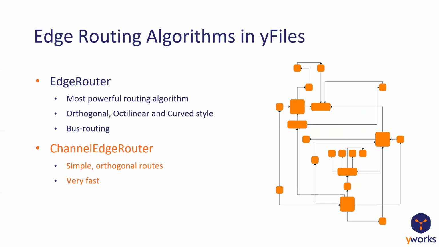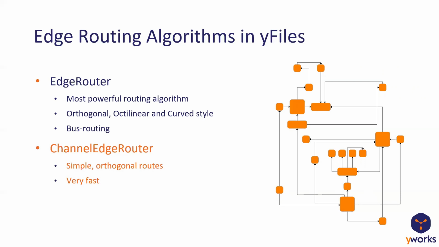Then another algorithm with a similar name, that's a totally different algorithm, is the so-called channel edge router. There are a lot of differences, but shortly put, it also creates orthogonal routes, but only orthogonal routes. It cannot create octilinear or curved routes. And the orthogonal routes are much simpler.